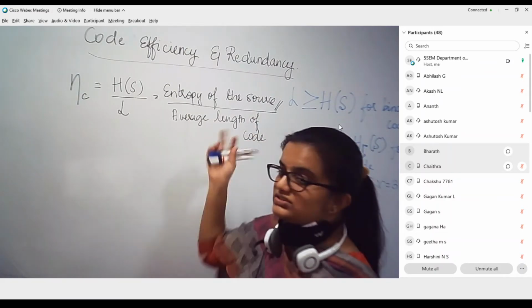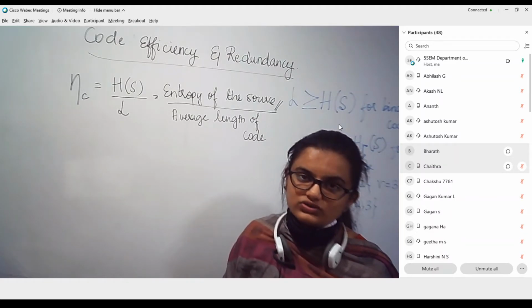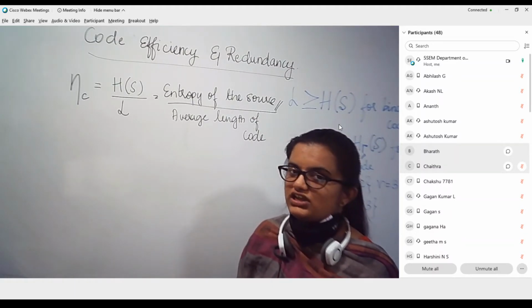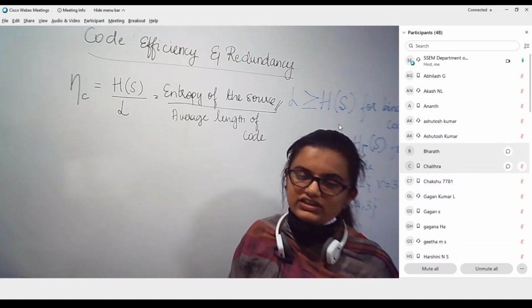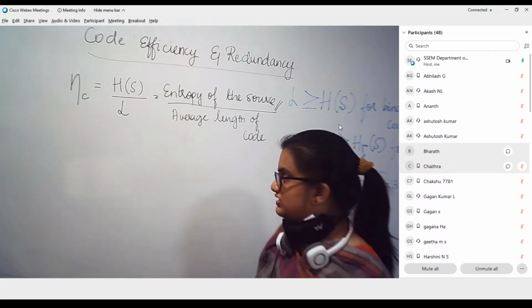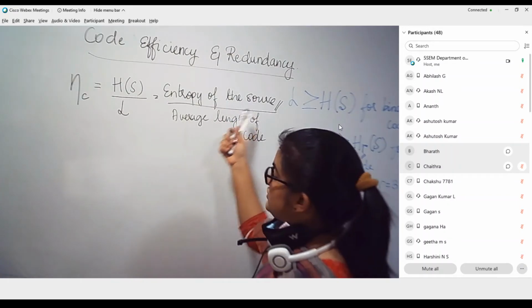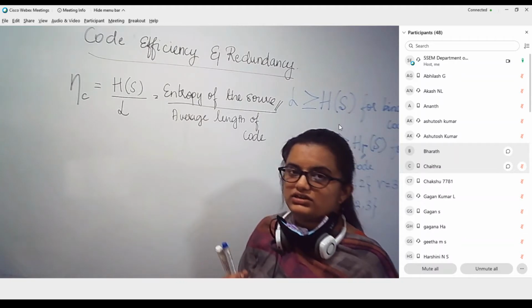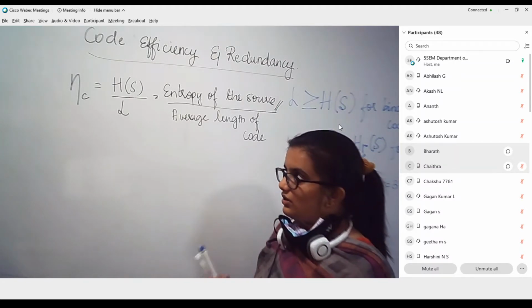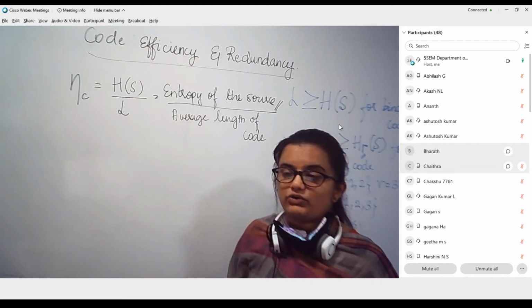That means all the symbols emitted out of the given source are independent of each other and have almost equal probabilities when they are emitted out of the given discrete source. So entropy of the source is always an ideal scenario where you compare the emission of these symbols with equal probability.